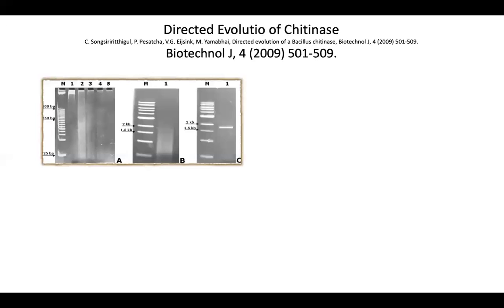All right. So in Thailand, we also have a lot of chitin from prawn, insects, shrimp, crab shells. So I was working on chitinase since 2000 something. Another student of mine, a master's student, did the same thing.